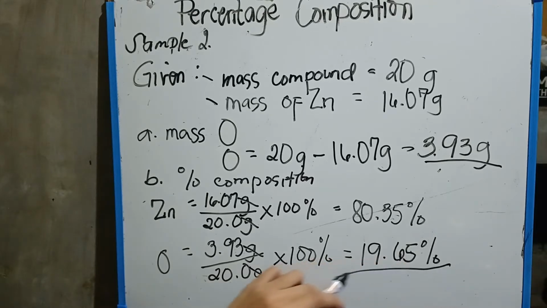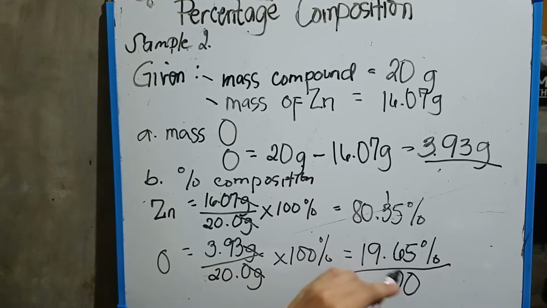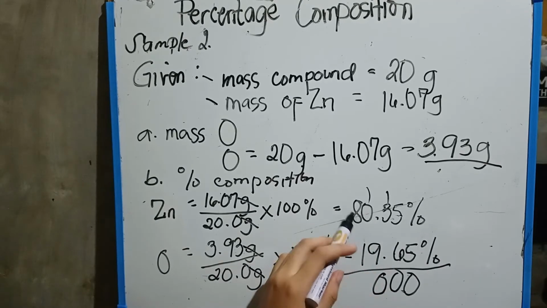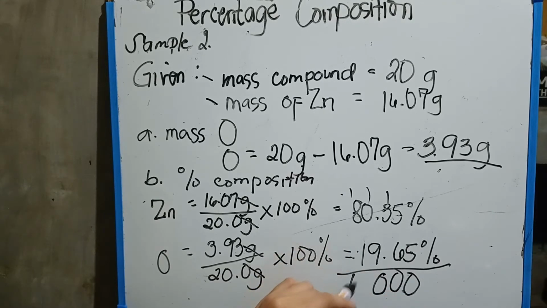We add 80.35 plus 19.65, which gives 100%. So that is now the final answer, the percentage composition of the newly synthesized compound of zinc and oxygen.